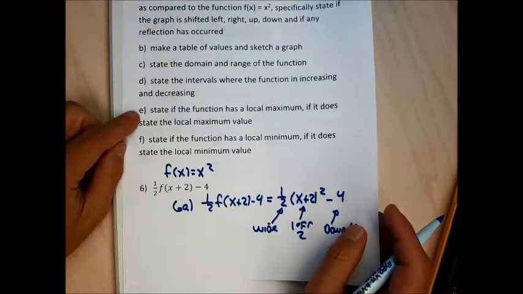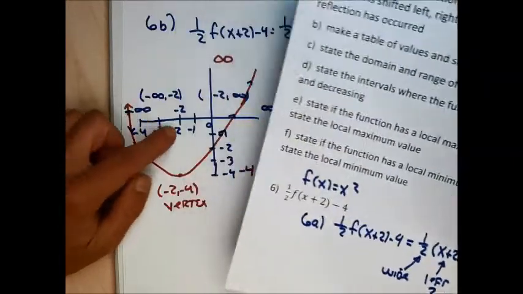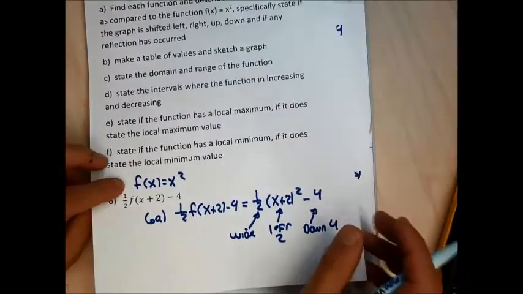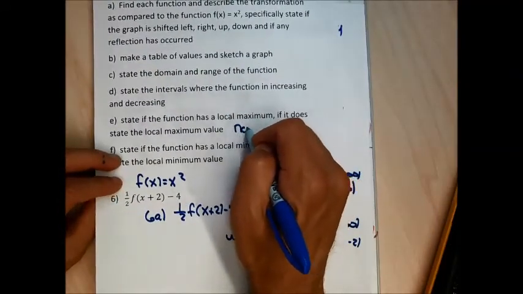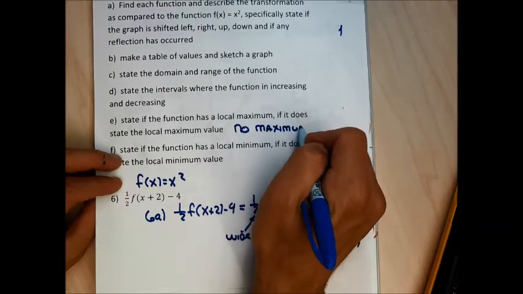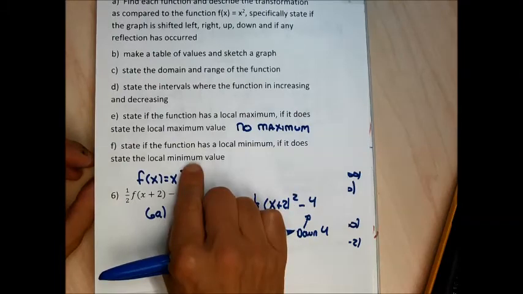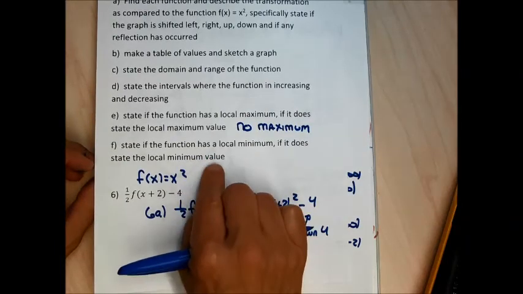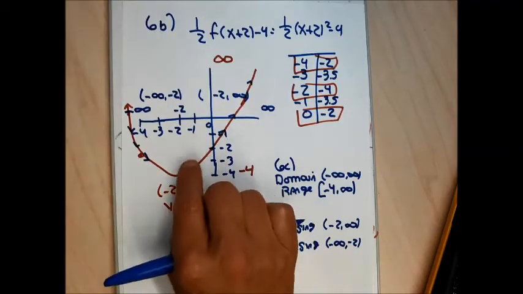6e wants me to state if the function has a maximum point. This vertex is a minimum point, so there's no maximum point or no local maximum. Part F wants me to state if the function has a local minimum and state the local minimum value. The vertex is a minimum point.